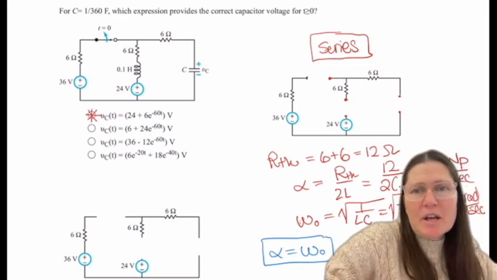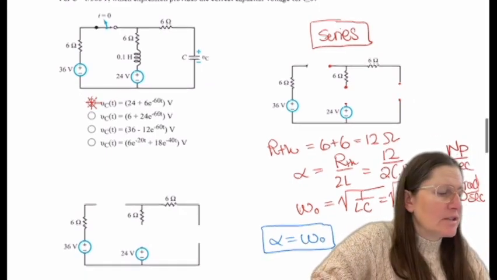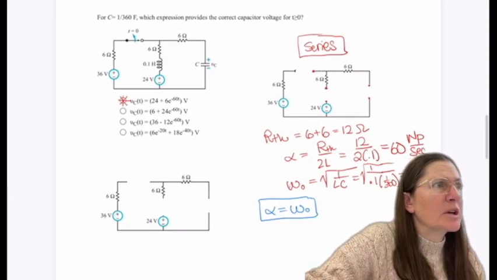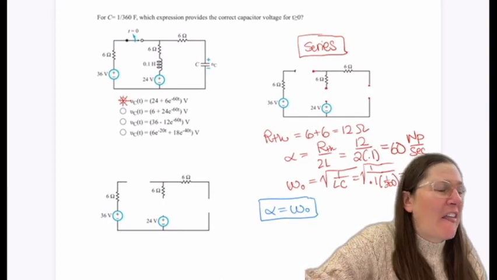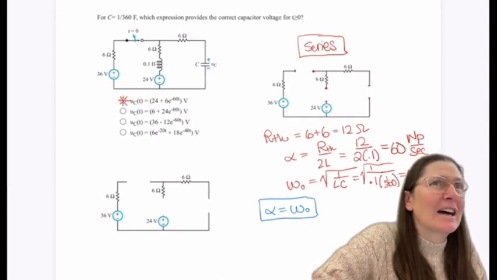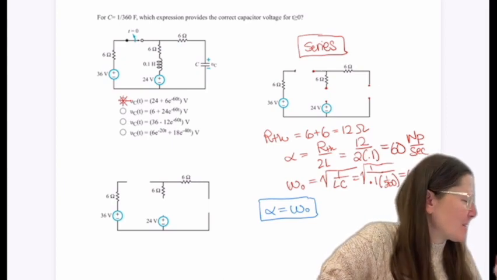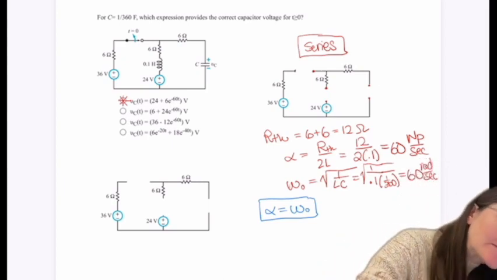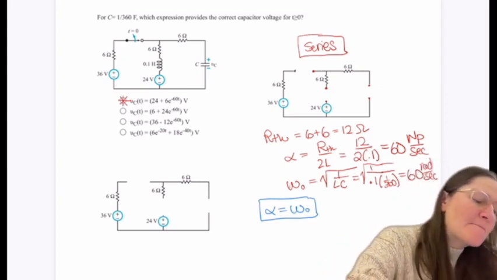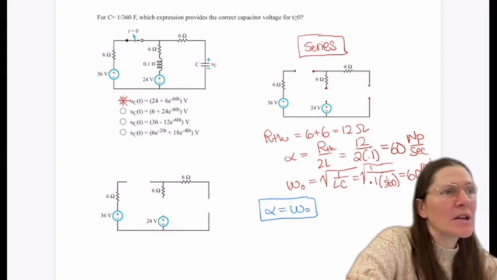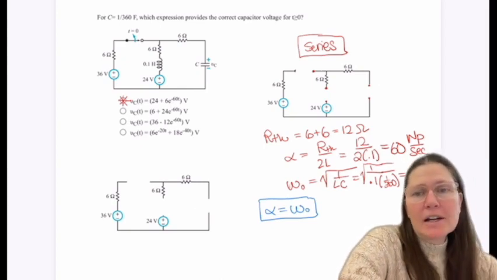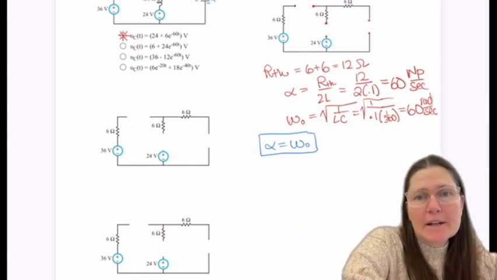All right, so hopefully by now you found that it is in series. Anyone have any questions about it being in series? Hopefully everyone saw that. If not, practice some more to find out if they're in series or parallel, or why they're in series or parallel. Alpha for series is going to be RTH over 2L, and so that will be 60 nepers per second.